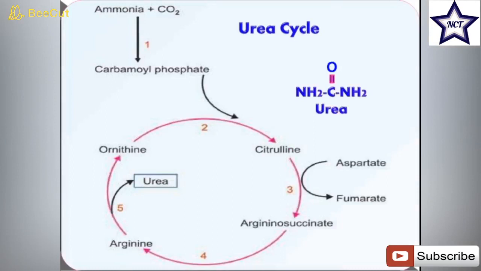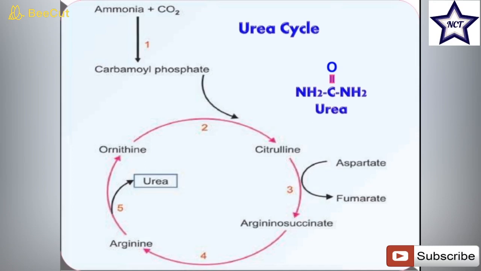This is the urea cycle. It starts with ammonia combined with carbon dioxide in the presence of the first enzyme. We will discuss all these enzymes in the detailed steps of the urea cycle. This is converted into carbamyl phosphate, which then combines with ornithine to form citrulline.